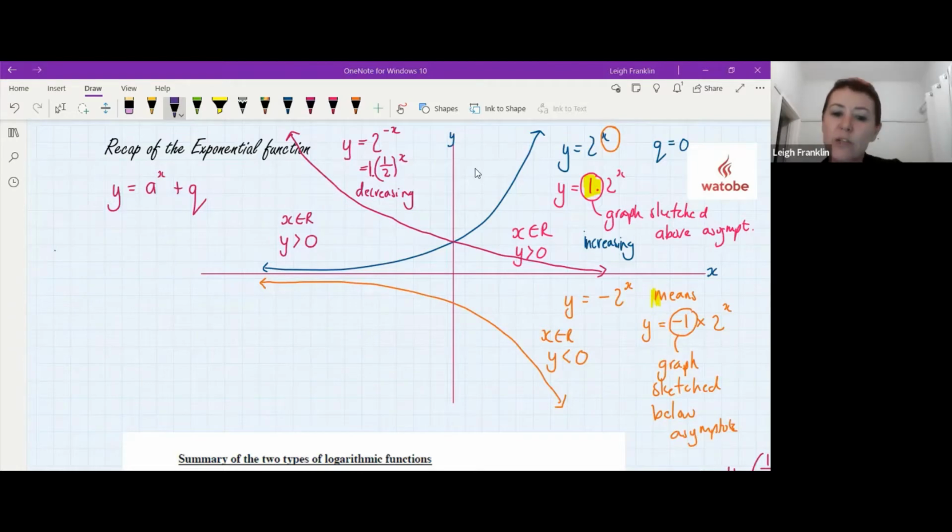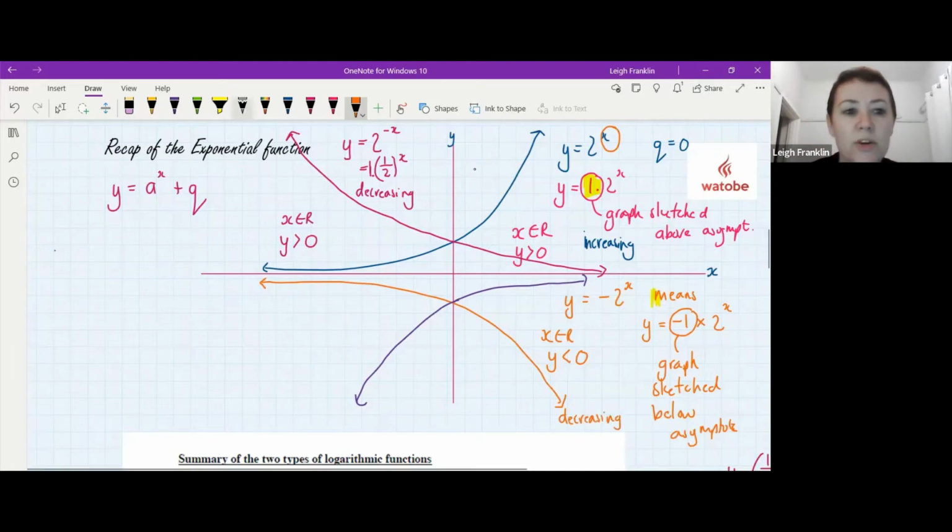So now we need to talk about what happens when we reflect the purple line, the sort of pink line, over the axes. And as you can already imagine, that graph is going to look like that. Similarly, this graph over here, wherever you measure gradient, it's going to be decreasing.